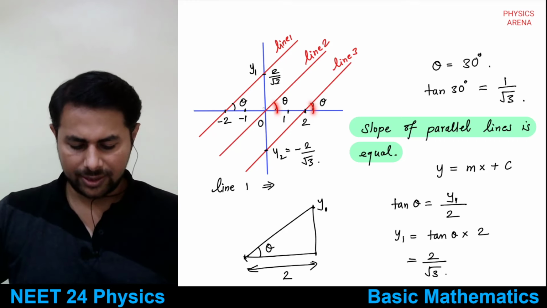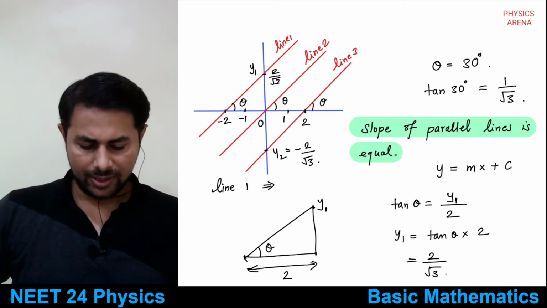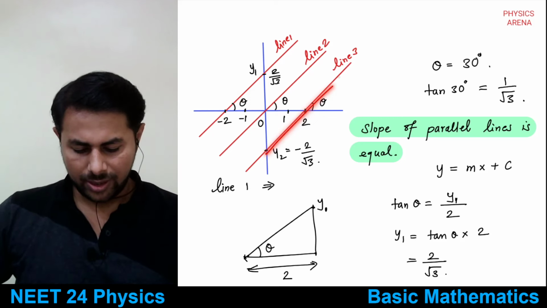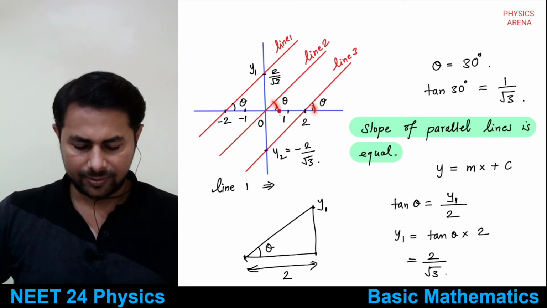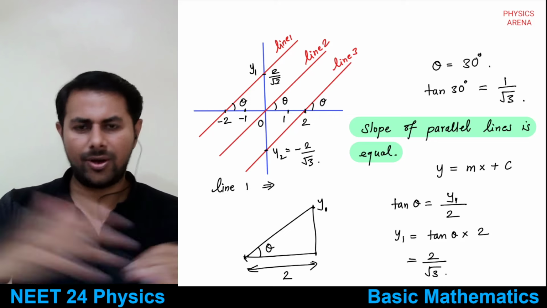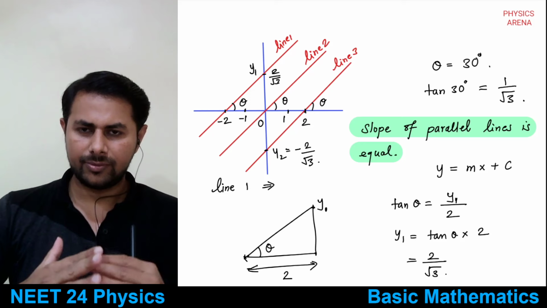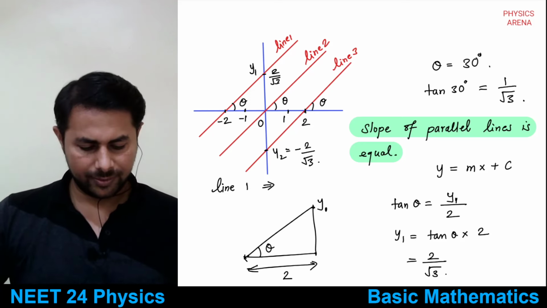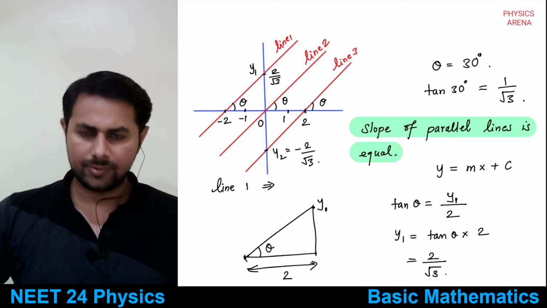So this line, this line, this line, all of them make the same angle with the x-axis, and therefore the slope of all of them will be equal, because tan of theta, the tan of the angle made by the line with the x-axis, for all these three lines would be equal. This thing is clear? Yes, no?